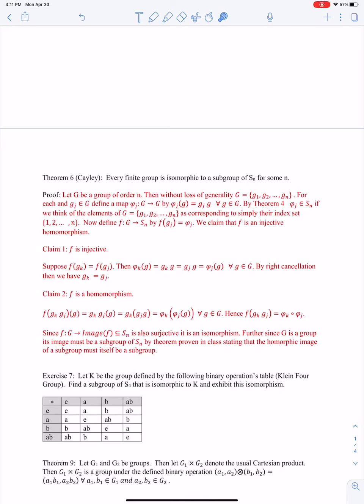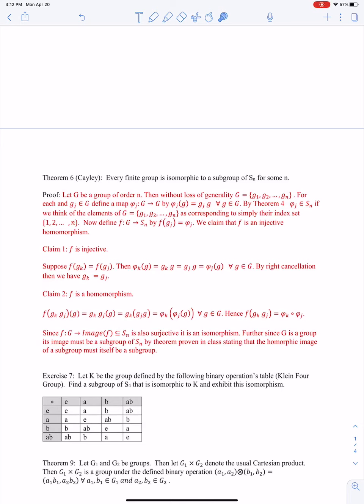So what I've shown is that phi of g_k g_j is in fact phi_k composed with phi_j. What I've shown is it respects the binary operation in both sets.